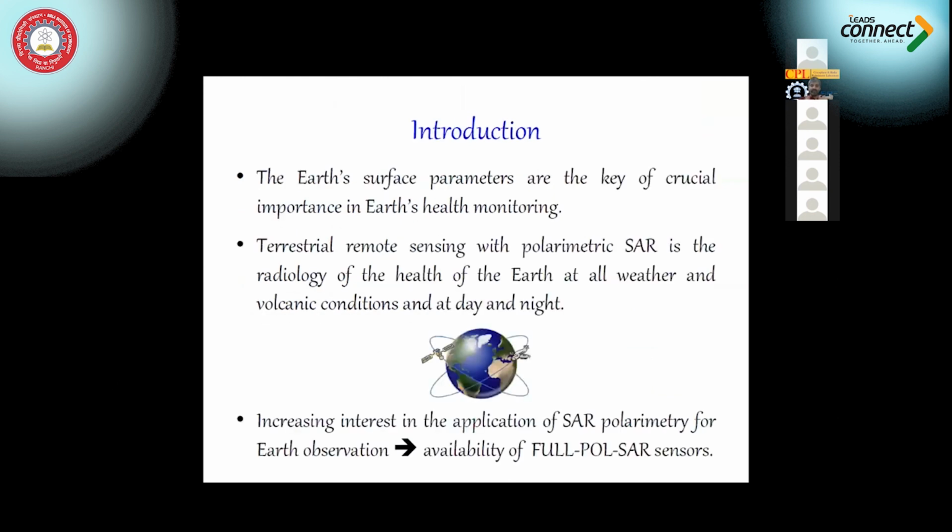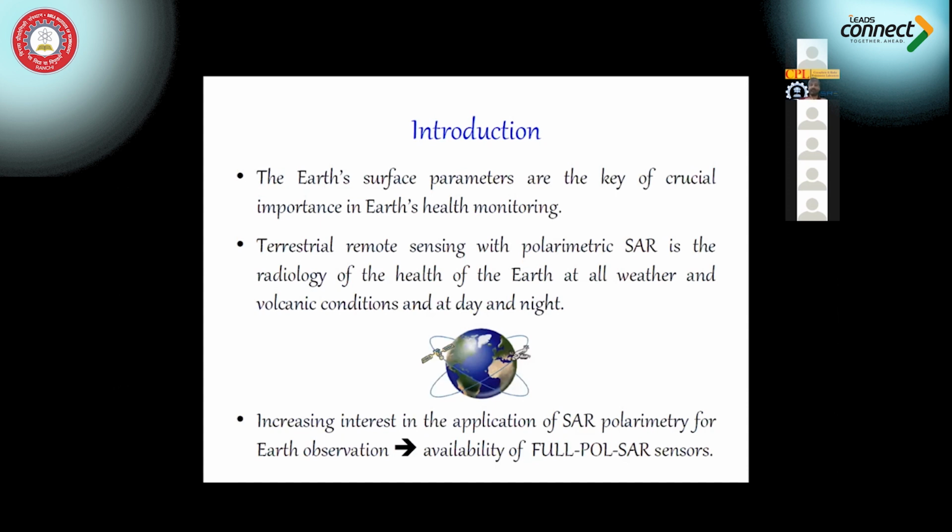As you have seen in the previous presentations, monitoring Earth surface parameters is very crucial for monitoring the health of our Mother Earth. For example, flood monitoring and other damages are very important, and you need a 24/7 service.